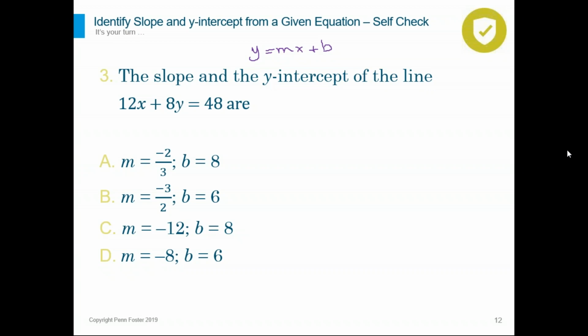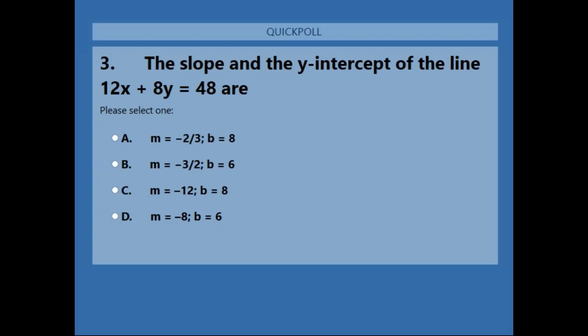Okay, I'm going to show the question again, and here you go. What is the slope of this line, and what is the y-intercept of this line?